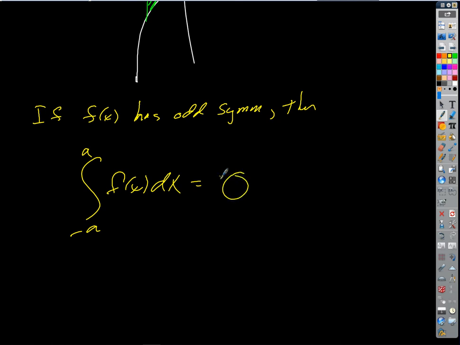Those are easy, right? That's a great one. This one's useful. Because a lot of times, if it's a function that has more than one term, if you break it up into terms, even if it's a complicated function, sometimes pieces of that function will have odd symmetry. And you can just get rid of them when you're doing an integral over symmetric limits, right? So that's super useful.